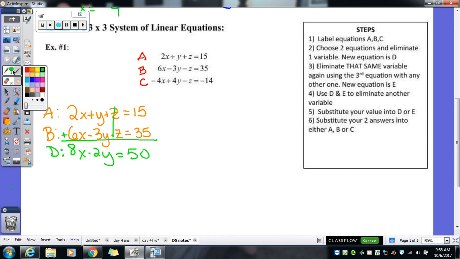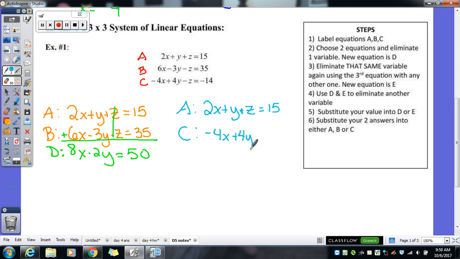So now we have to combine two equations again to get rid of Z yet again. So this time I'm going to use equation A. Even though I already used it, you can reuse it. And I'm going to use C. You can reuse one, but you can't reuse both of them because then you just create the same equation that we just did in our first step.